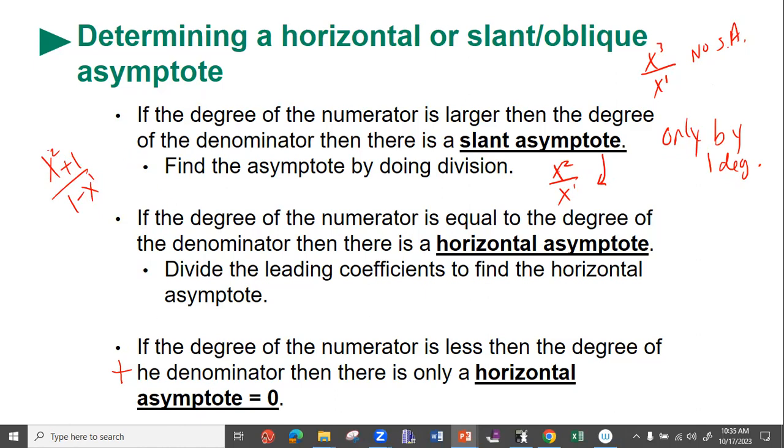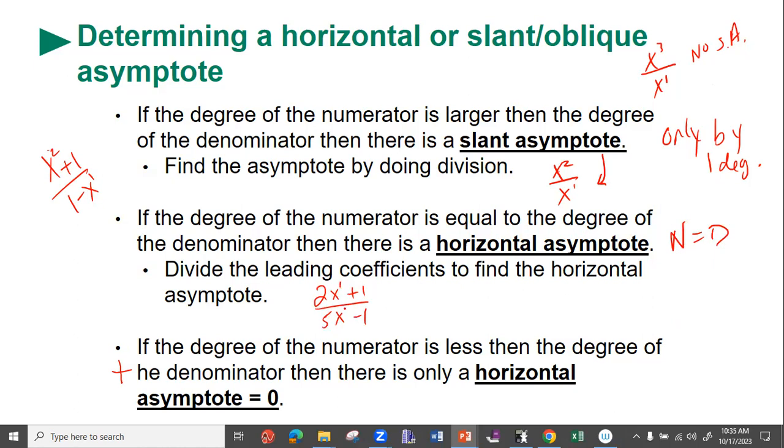Okay? If the degree of the numerator is equal to the degree of the denominator, you have a horizontal asymptote. However, it's based off their leading coefficients. So for example, if I have 2x plus 1 divided by 5x minus 1.